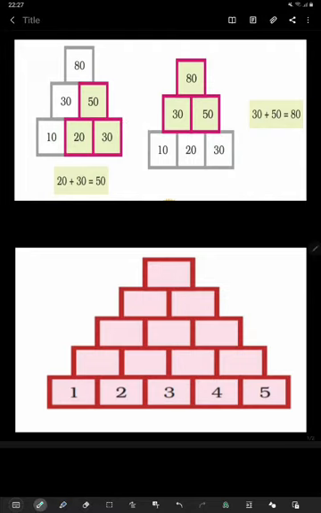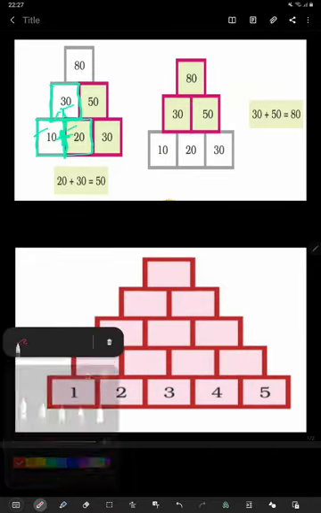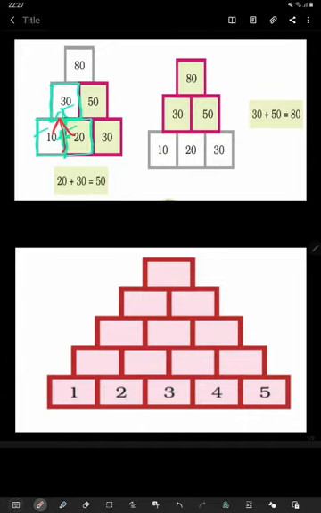Okay, here you can see this block, this one is touching these two blocks, no? So that's why here is the relation between this and this. So when we will add this one, 10 plus 20, you will get what? 30. You will get 30.